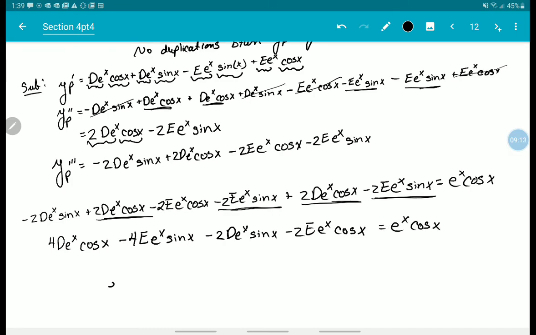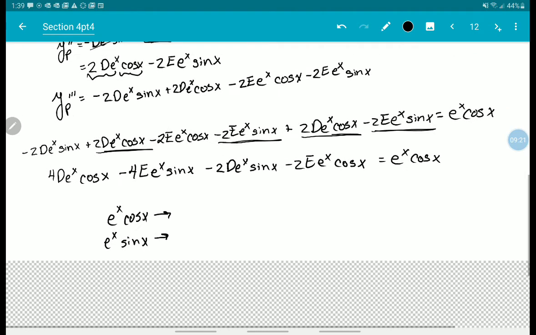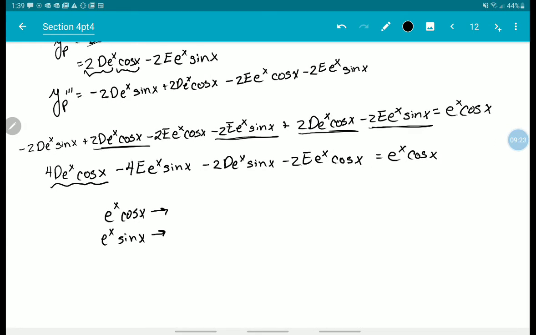So we have e to the x cosine of x's and e to the x sine of x's. So let's build our system. We have 4d minus 2e has to be equal to 1, comparing those coefficients.